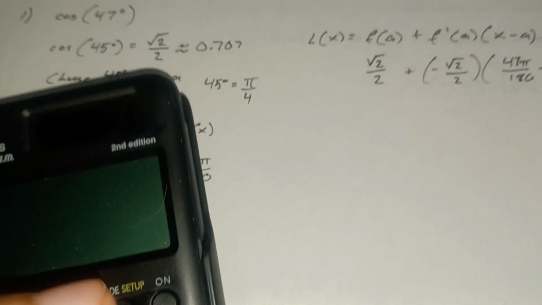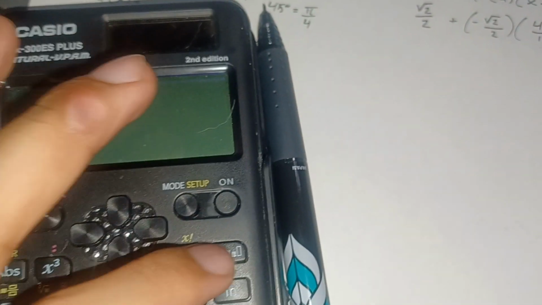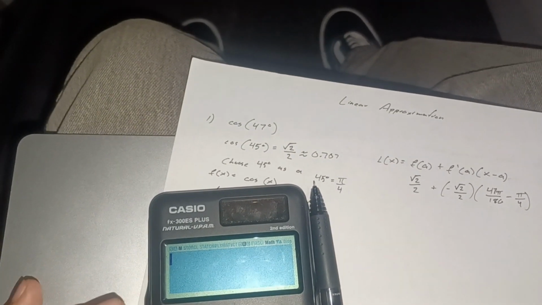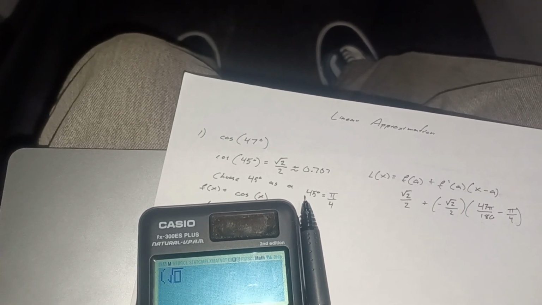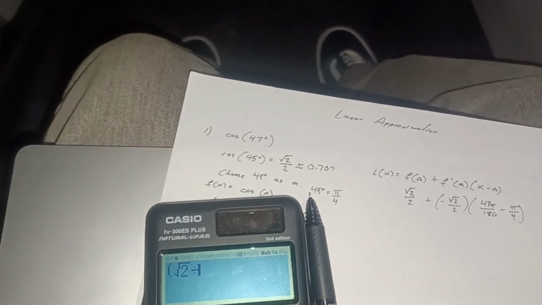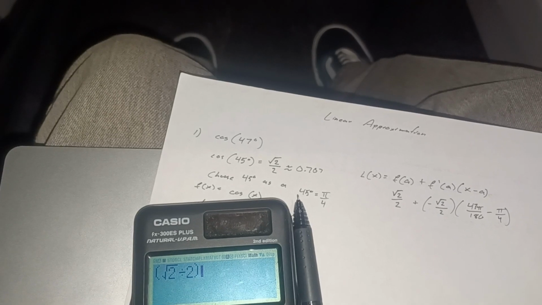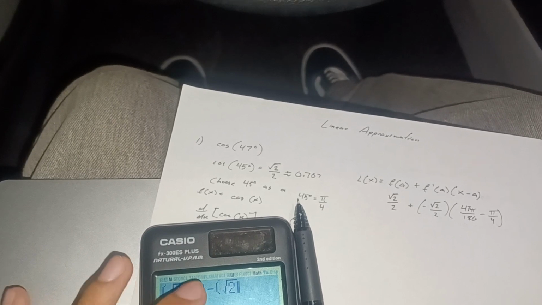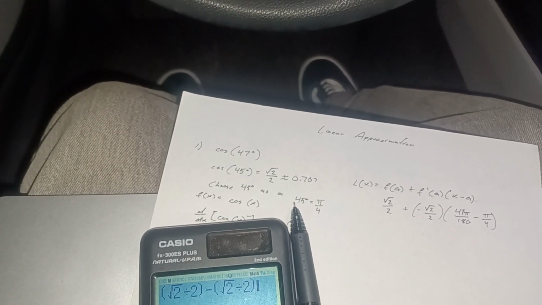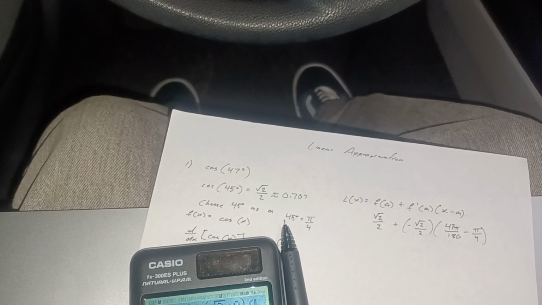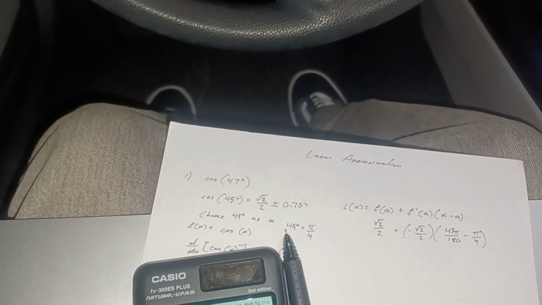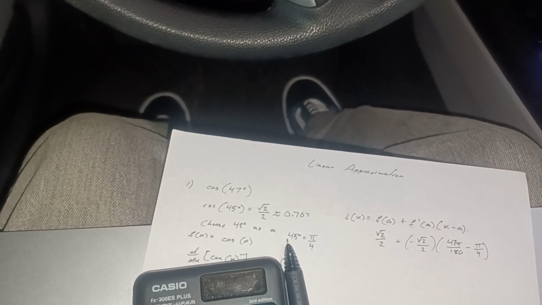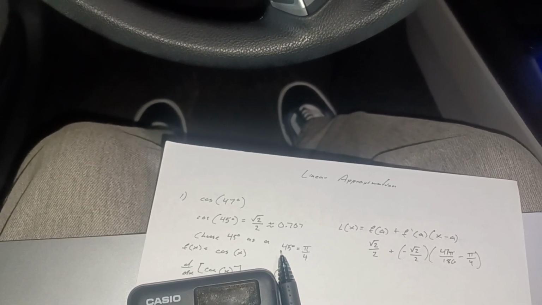So let's go ahead and put that into the calculator. I haven't done this before, so let's see if this works. Root 2 divided by 2, minus the square root of 2 divided by 2, multiplied by 47 pi divided by 180, minus pi over 4.